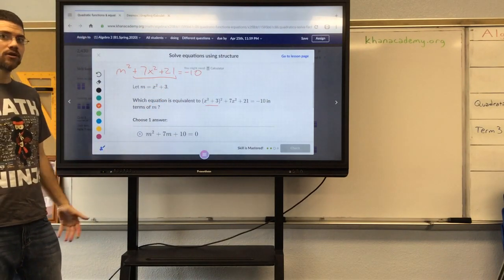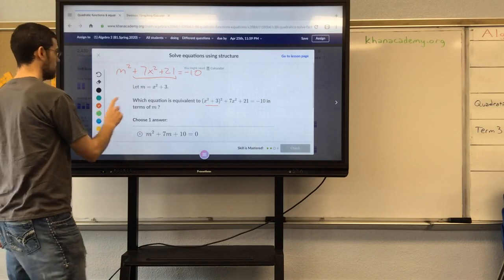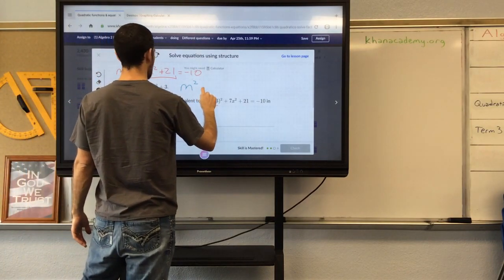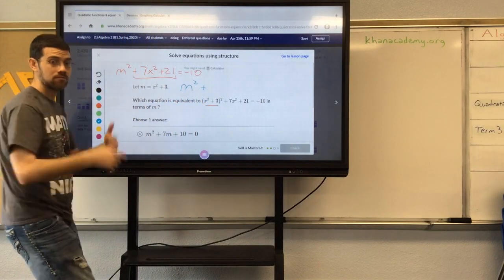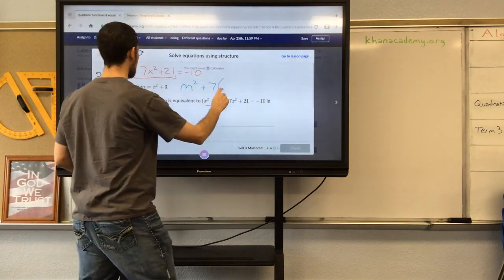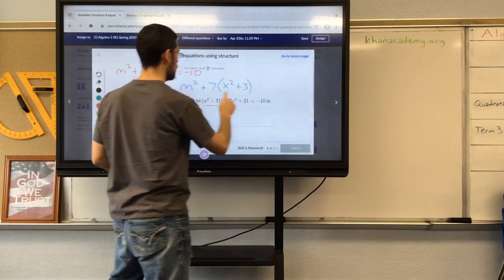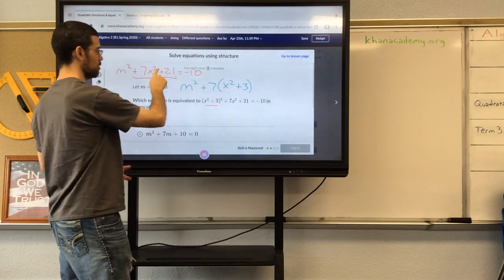So let's see what happens if we factor out the greatest common factor. All right, so we get m squared. What's the greatest common factor of 7x squared and 21? 7. So we'll say 7 times (x squared plus 3). 7 times x squared is 7x squared. 7 times 3 is 21.